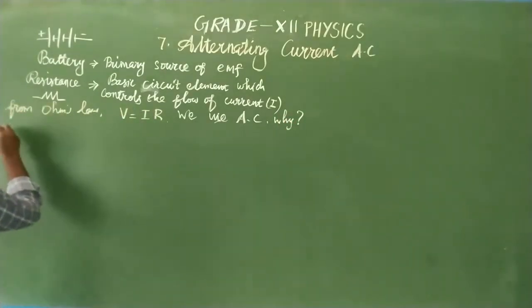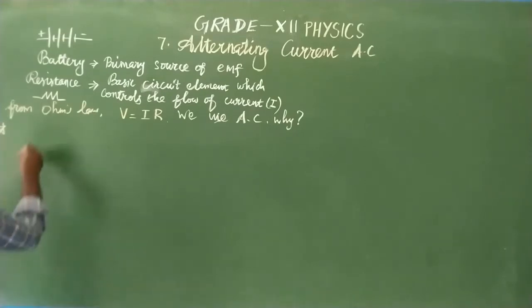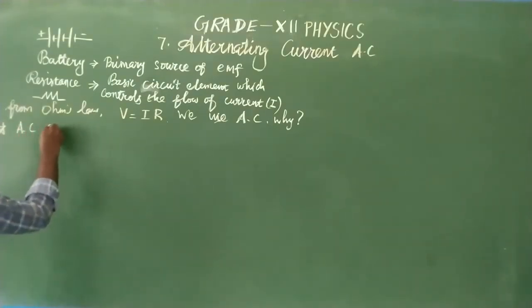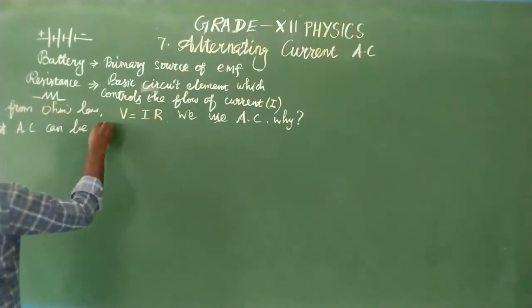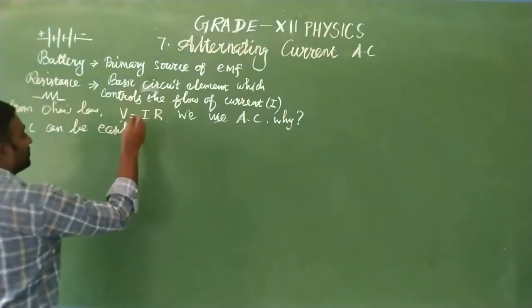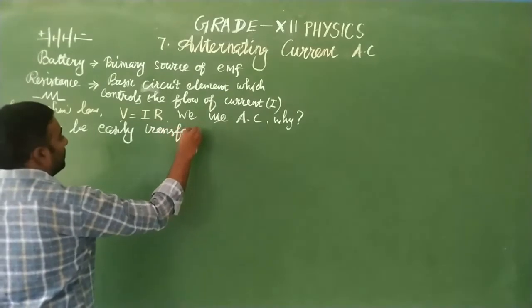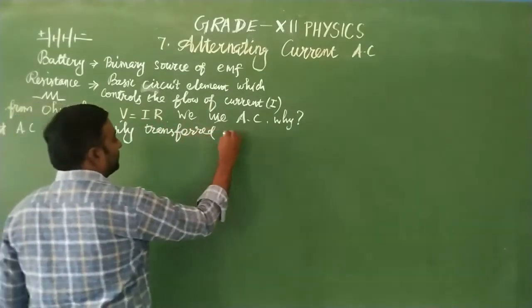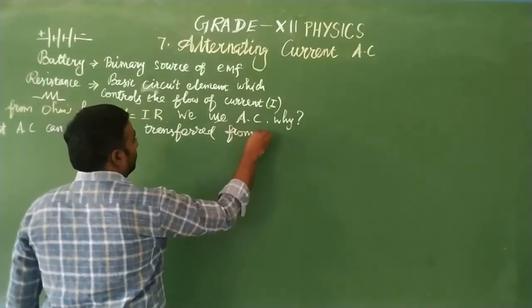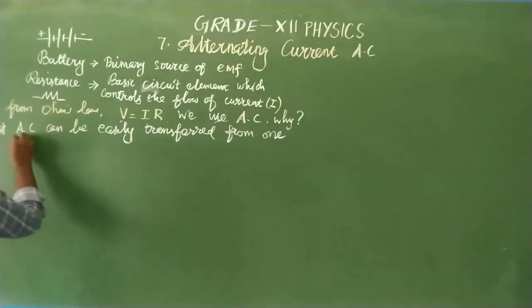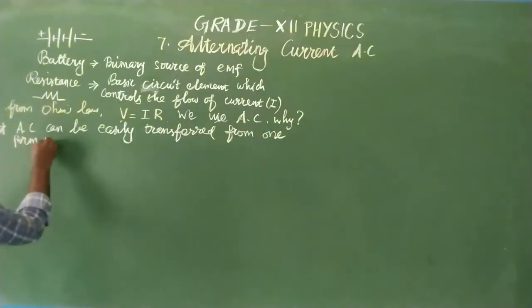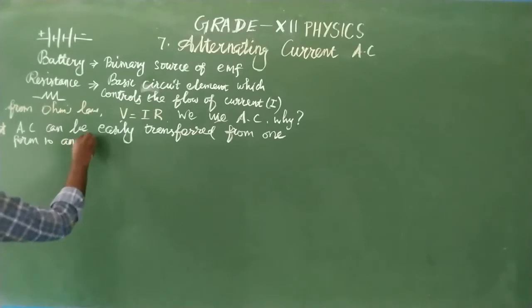The first one: alternating current can be easily transferred from one form to another form. So this is the first one.